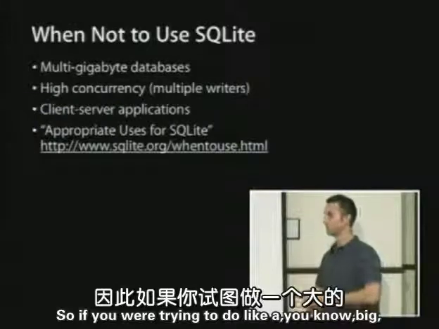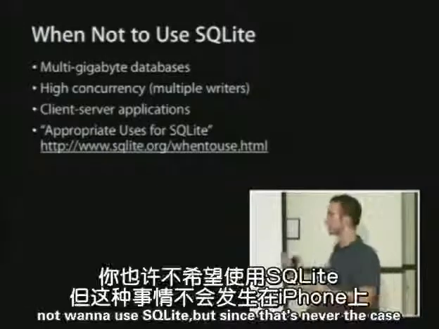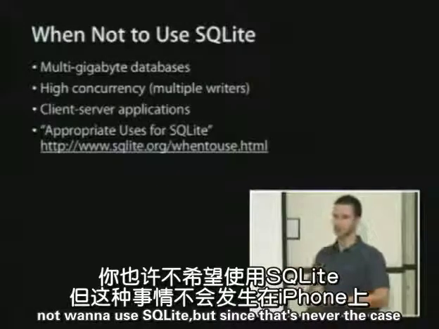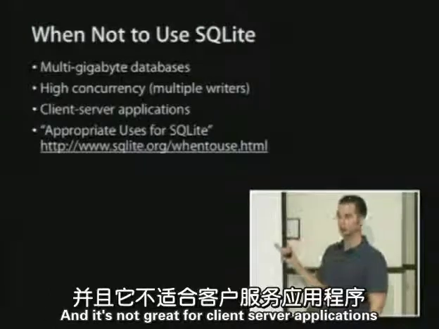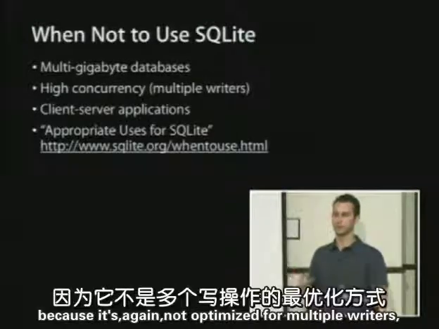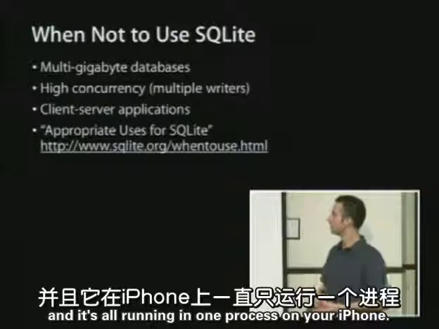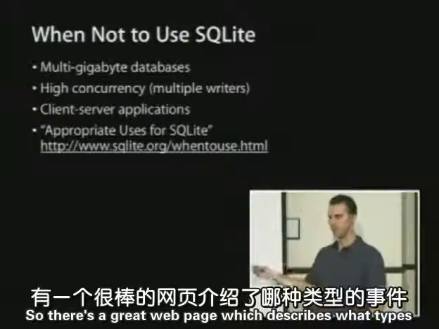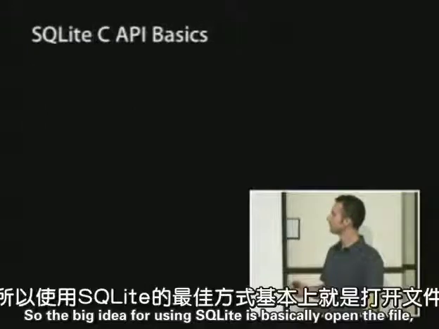So if you were trying to do a big high concurrency desktop application, you might not want to use SQLite. But since that's never the case on the iPhone, of course, it's totally perfect. And it's not great for client-server applications because it's, again, not optimized for multiple writers, and it's all running in one process on your iPhone. So there's a great web page that describes what types of cases you'd want to use SQLite in.